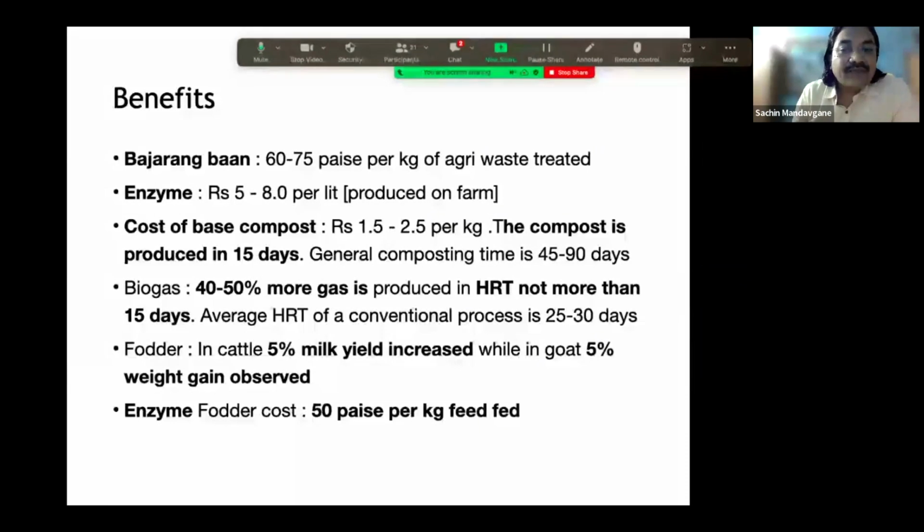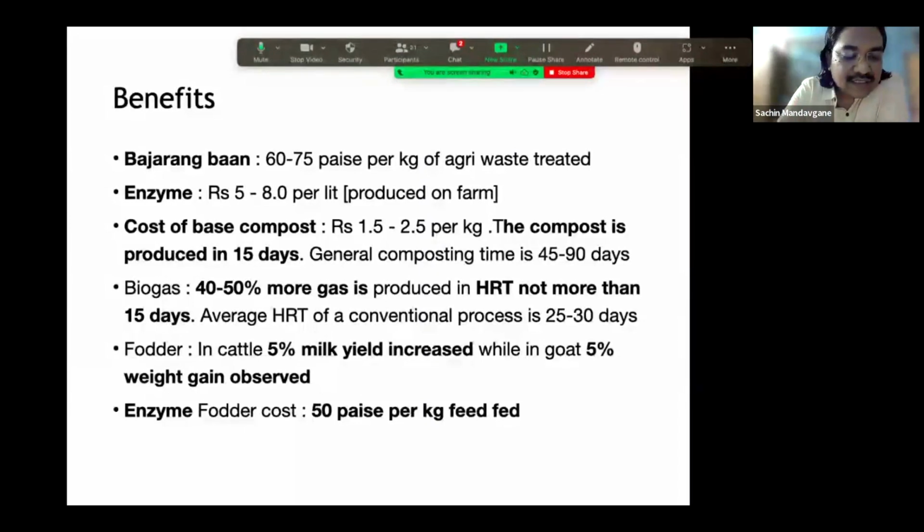We are fortifying the base compost. The fortification is done by adding some organic nitrogen source, organic potash source. I'm going to talk about the potash source as well. So the cost of that compost varies somewhere between 5 to 7 rupees based on what are all the things that we are adding for fortification.